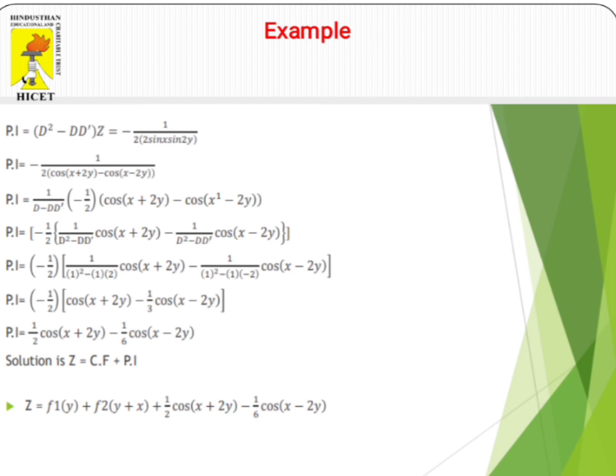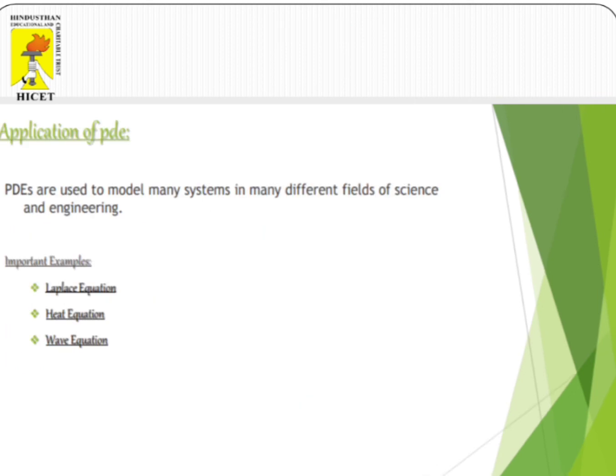Therefore, the required solution of the given non-homogeneous partial differential equation can be written as z equal to complementary function plus particular integral.